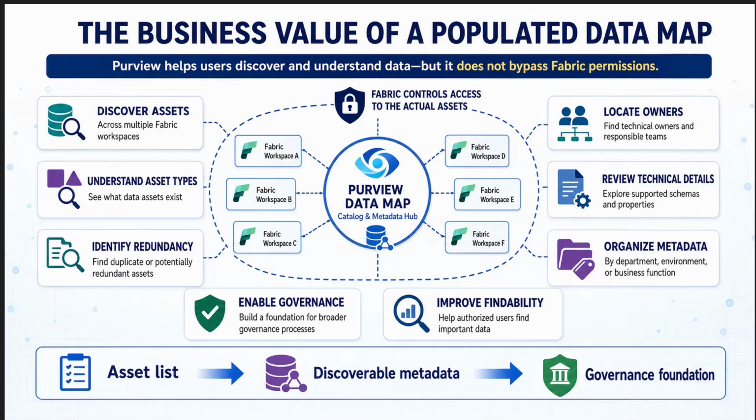Locate owners, review technical details, and organize metadata. Then comes in the governance. Enable governance and improve findability, searchability. So the flow on the bottom is a great summary of the process. You've got the asset list, discoverable metadata, and then the governance foundation built on top of that.